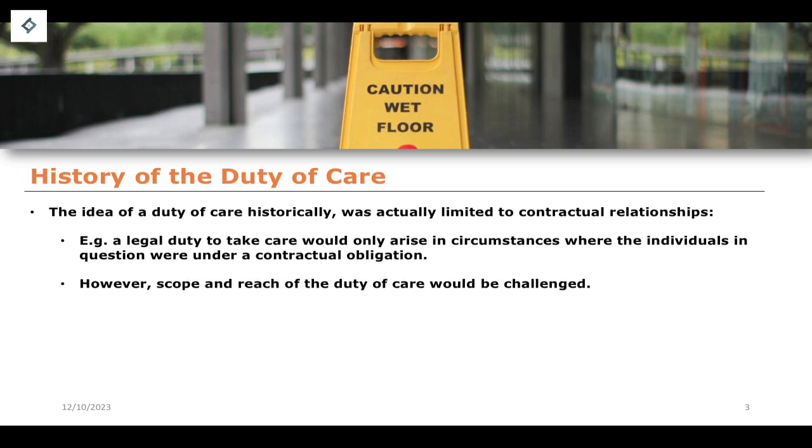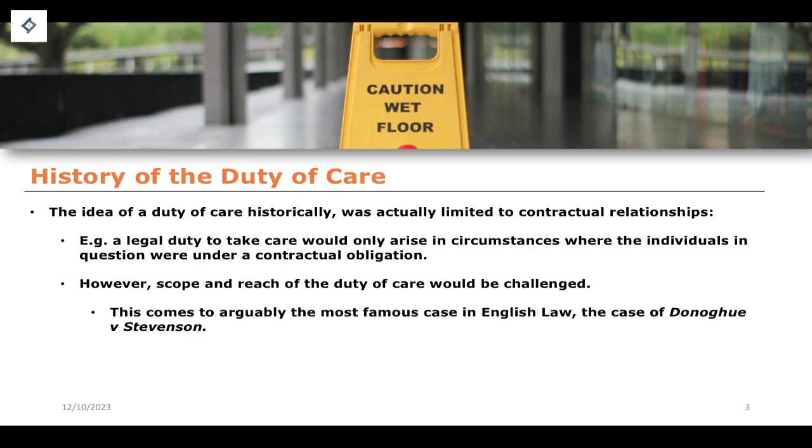Now, the scope and reach of the duty of care would be challenged in this regard in the case, one of the most famous cases in English law, the case of Donoghue v Stevenson, because what arose were facts which would suggest that a duty of care probably ought to exist, but that there wasn't a contractual relationship between the defendant and the claimant.